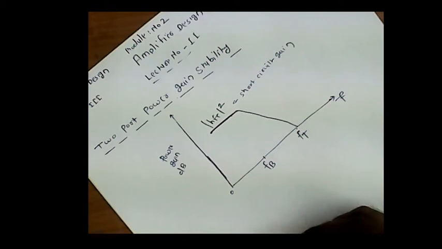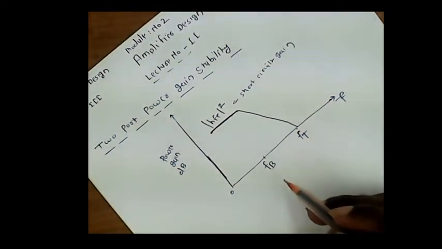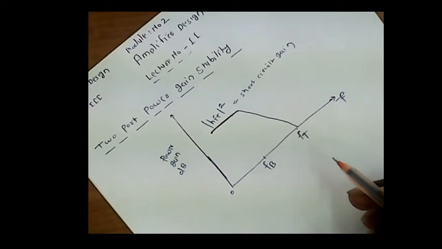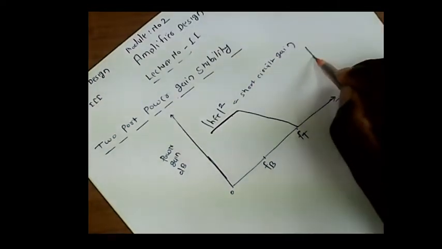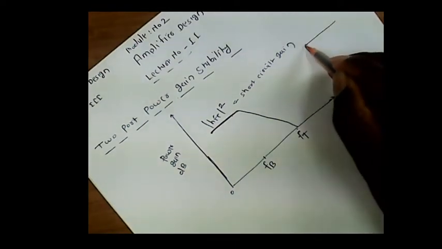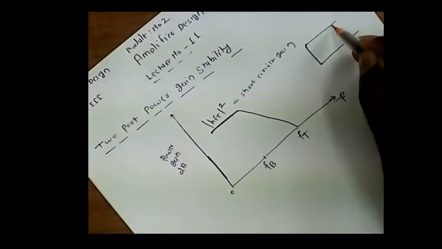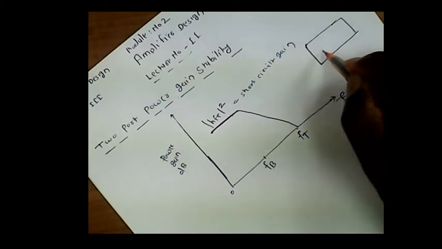To define it at higher frequency, we use the two-port network. It is not sufficient to define new parameters at a low frequency. So we can use a two-port network which is based on a transistor.